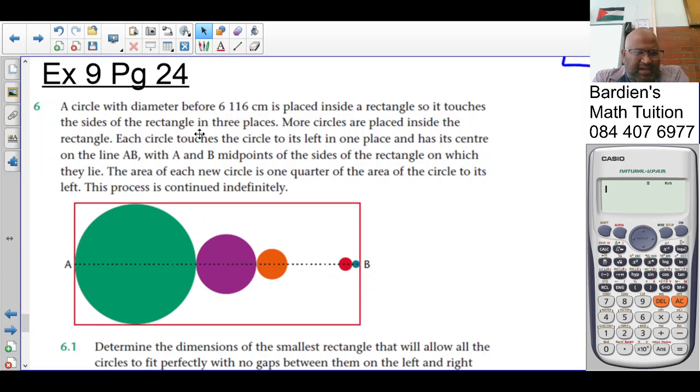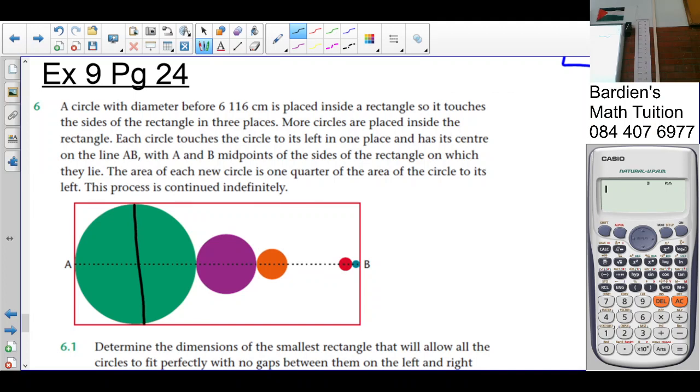Basically, what you should understand that to be is that the diameter of the circle is 6,116. That means the length or the breadth of this rectangle is 6,116 centimeters.